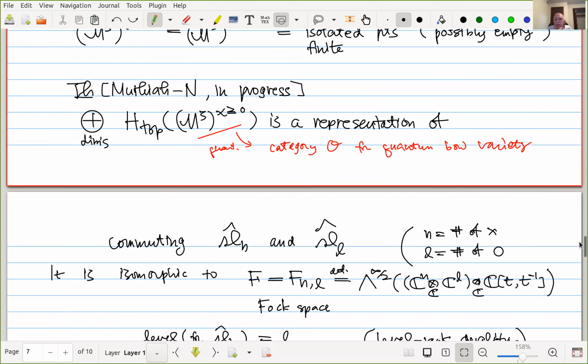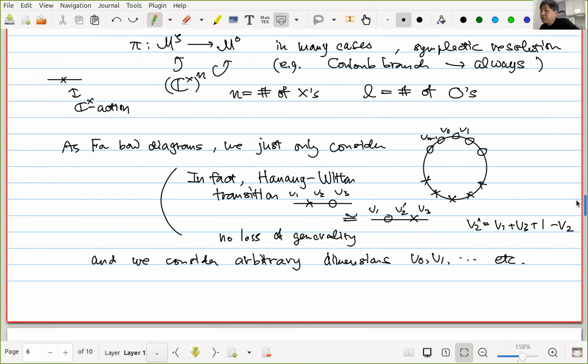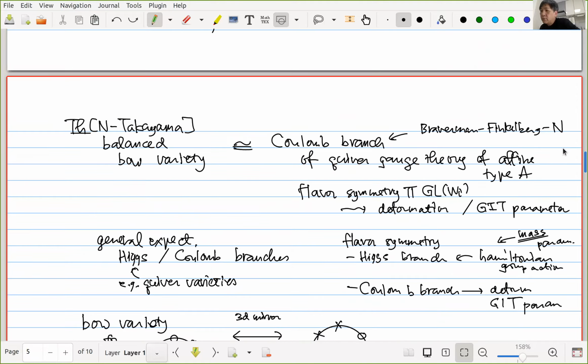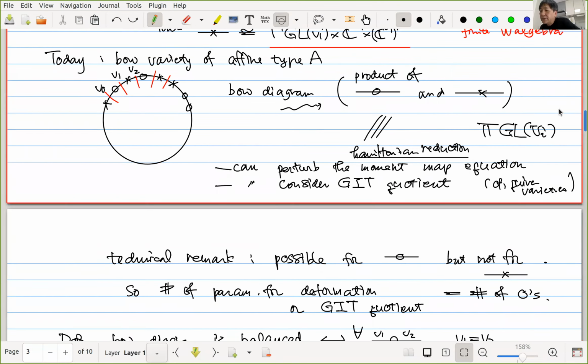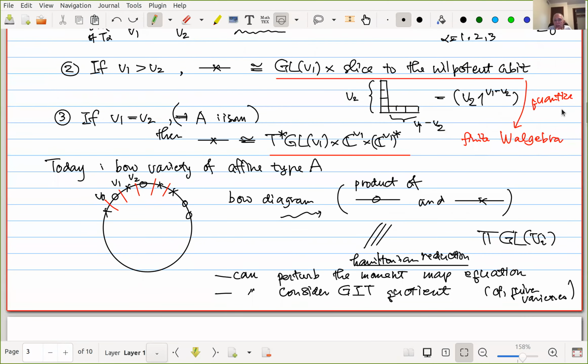And these Bow varieties probably describe some geometric objects which quiver varieties do not capture, some moduli spaces. Yes, this is a moduli space of instantons on the so-called multi-Taub-NUT space. With what condition at infinity? There's some different condition at infinity.